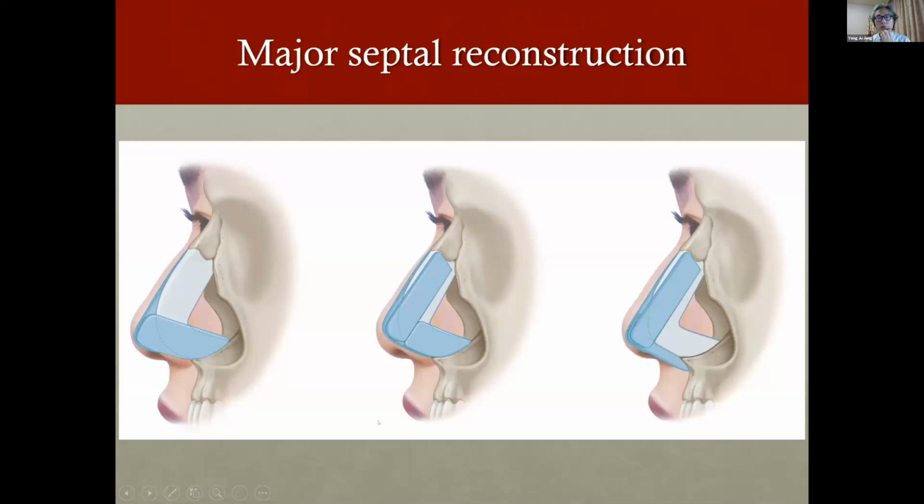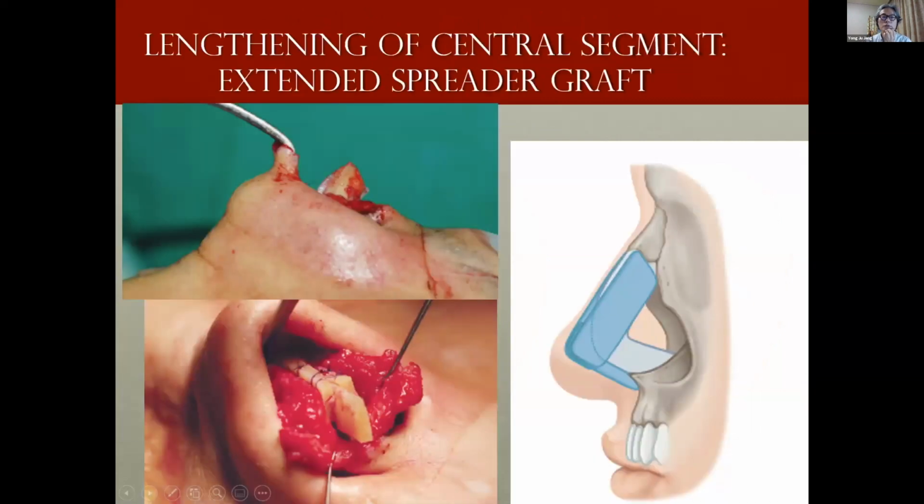I think the most fundamental technique for correction of the short nose is elongating the central compartment with an extended spreader graft combined with a caudal septal extension graft. When you treat this kind of patient, you have to put every attention on elongating the central compartment, not projecting that much. This is the typical case who benefits from the extended spreader graft combined with caudal septal extension graft.